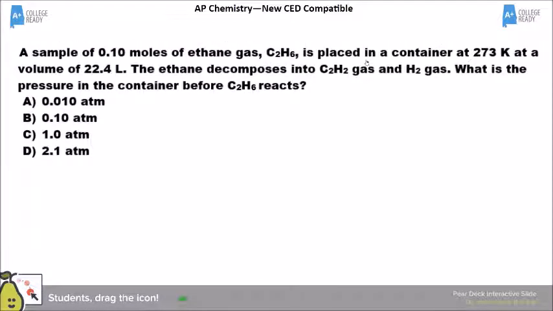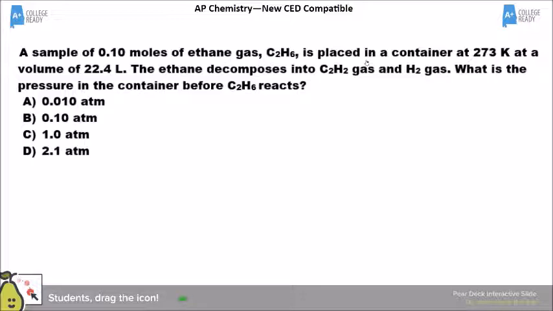So if you have 0.1 moles of gas and it's got a volume of 22.4, then what is the pressure? We know that 1 mole of gas at 273 K and 22.4 liters is 1 atmosphere, because that is standard temperature and pressure. So it's a definition.